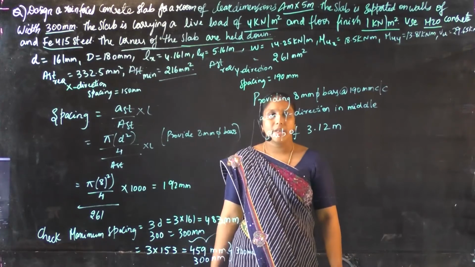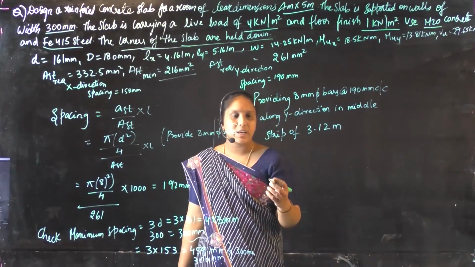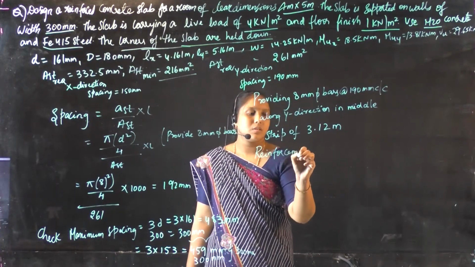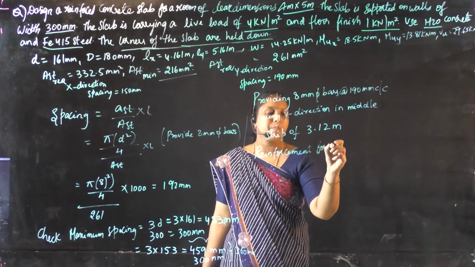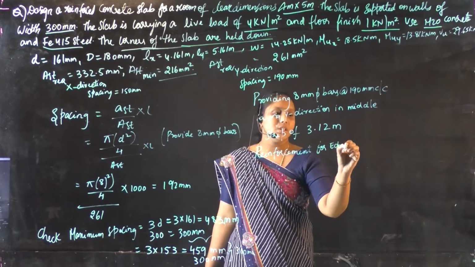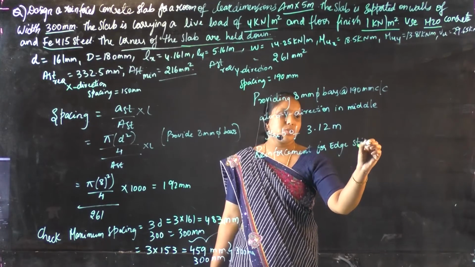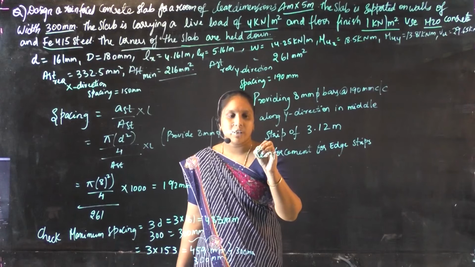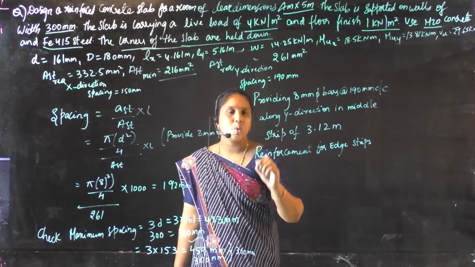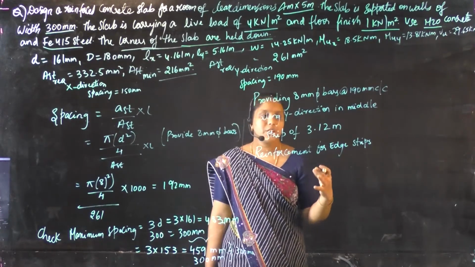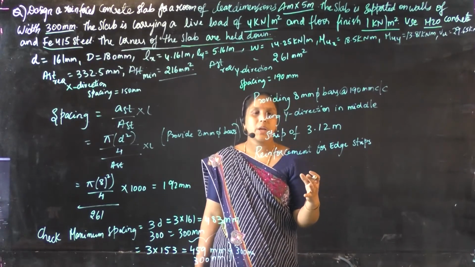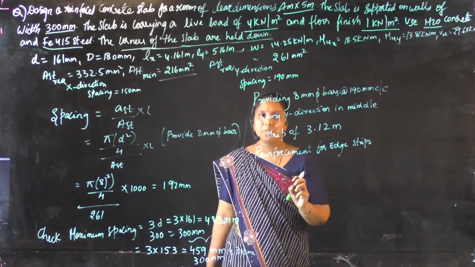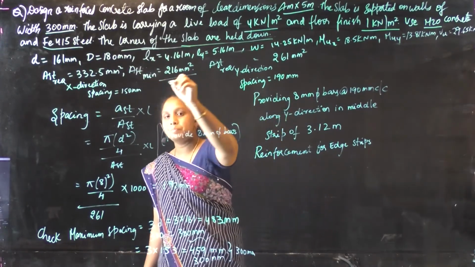along the y direction. Now what we have to do is calculate the reinforcement for the edge strips. So I will calculate the reinforcement for the edge strips. In annexure D of IS 456 2000, the reinforcement for the edge strips is taken as the minimum reinforcement, that is AST minimum can be used.